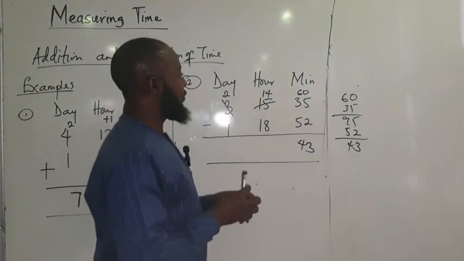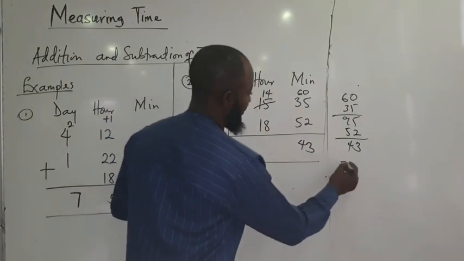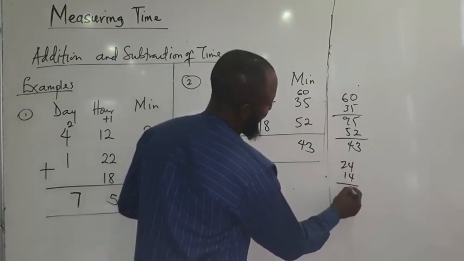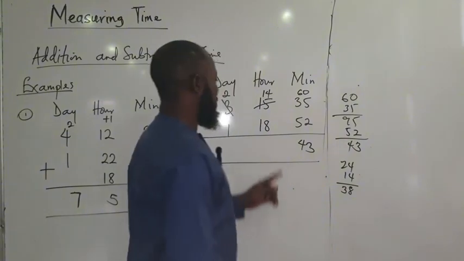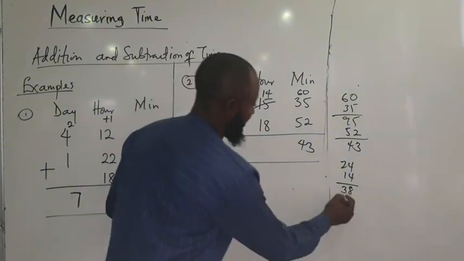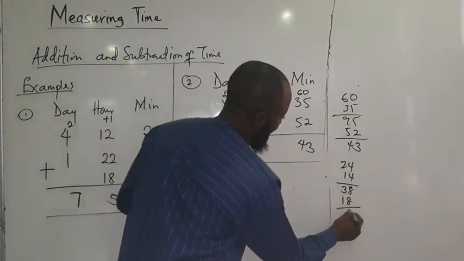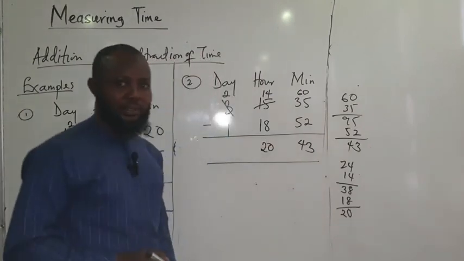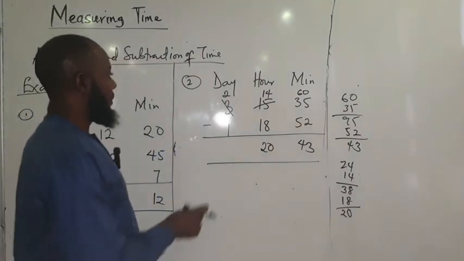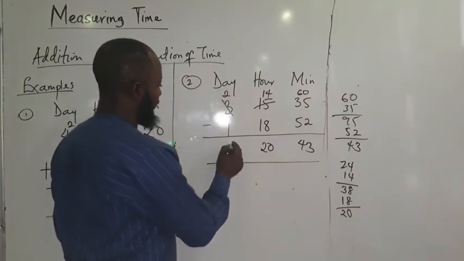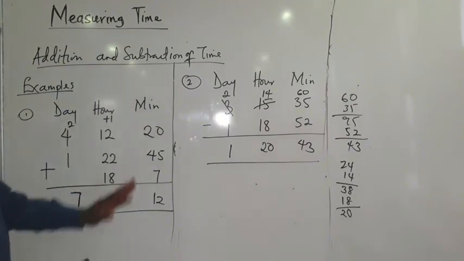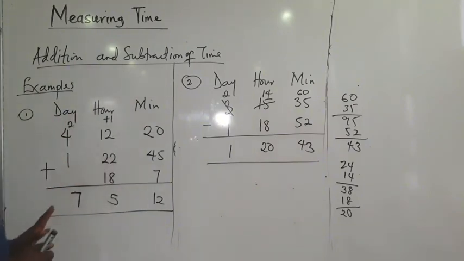So we add 24 to 14, which is going to give us 38. So we can then subtract 18 from it. This will give us 20 hours. I hope this is very clear. Then 2 minus 1 will give us 1. So that is that on addition and subtraction of time. I hope this is very clear.